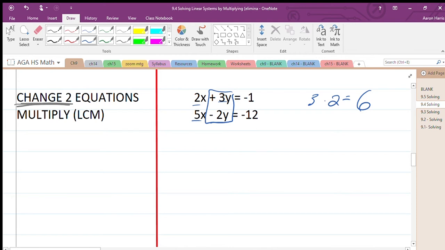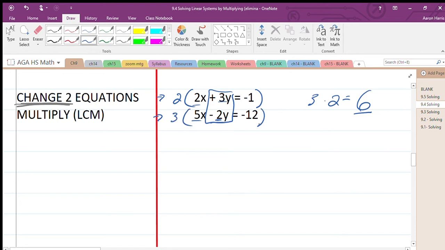So what number do I multiply the top equation by to get this 3 to be a 6? You guessed it, 2. So put parentheses around the whole thing. We're going to multiply the whole thing by 2. What about the bottom one? How do I get this 2 to be a 6? You're right.